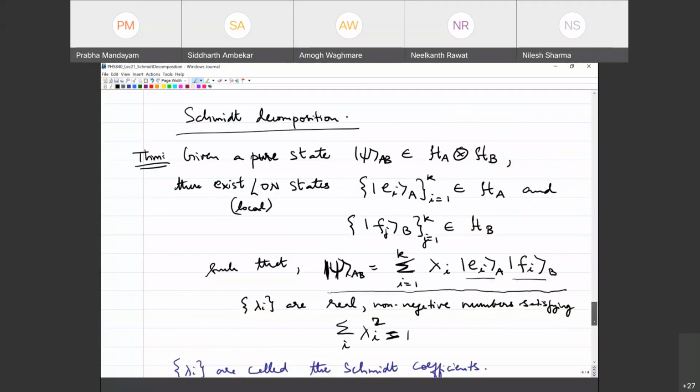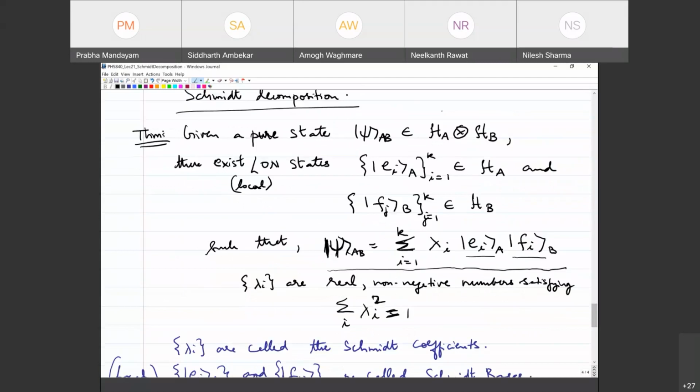So if A and B have dimensionalities D1 and D2, I cannot find more than D1 orthogonal states in HA and more than D2 orthogonal states in HB. Right? So K is upper bounded by whichever is the smaller of D1 and D2.